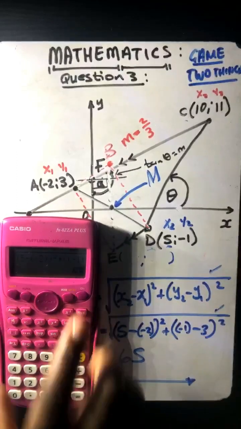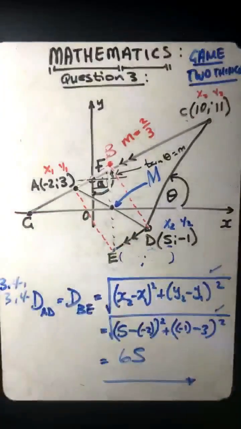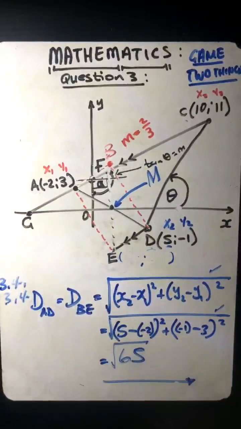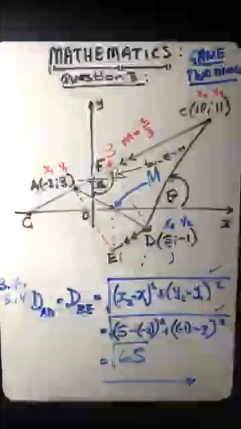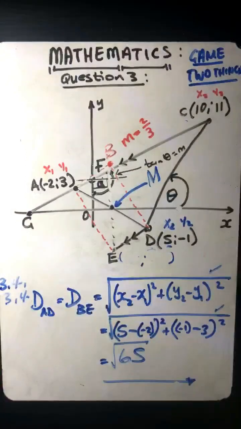Hey, square root of 65. This is what I'm getting.